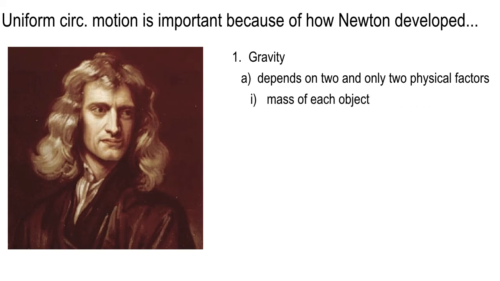Now, the 2 physical factors were the mass of each object, like the mass of the Earth and the mass of the Moon, which nobody knew at that time. We know now how many kilograms we've got for each, but you could still do everything proportionally, so they worked it out. The other factor was the physical distance.